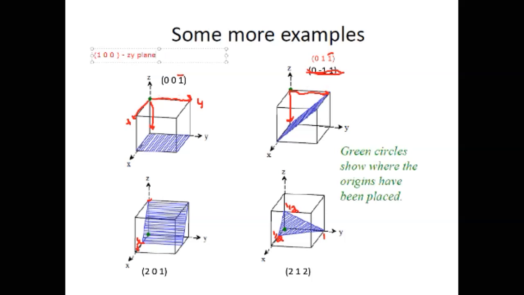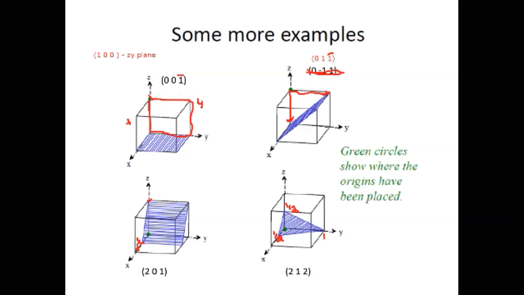The ZY plane is right here. If you see a plane in the ZY plane, that's going to be your 1, 0, 0 plane. Because if you shift it off the origin 1 unit, it's never going to cross the Z or Y axis.